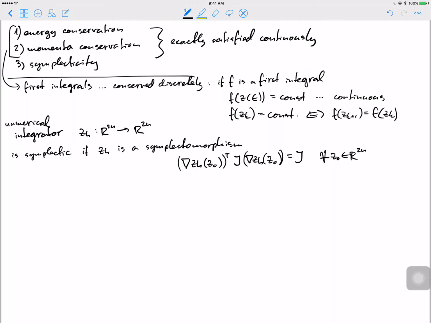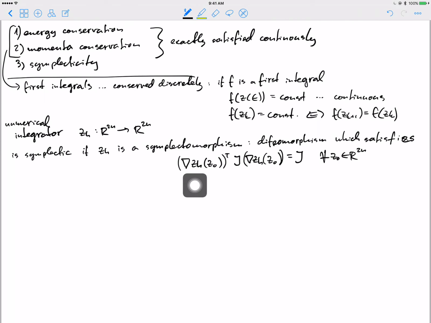Diffeomorphism? You said symplectomorphism is a special case of what? Okay, I'll write it. Diffeomorphism, which satisfies. So it's DIFROM.